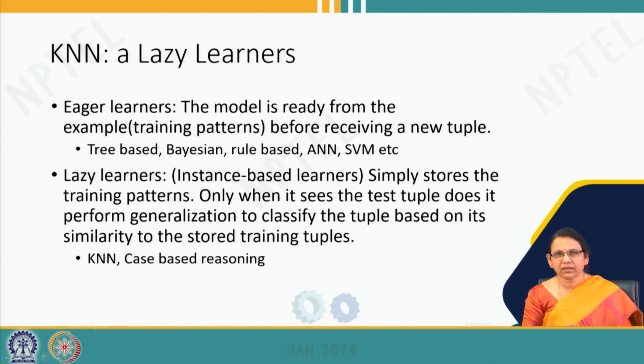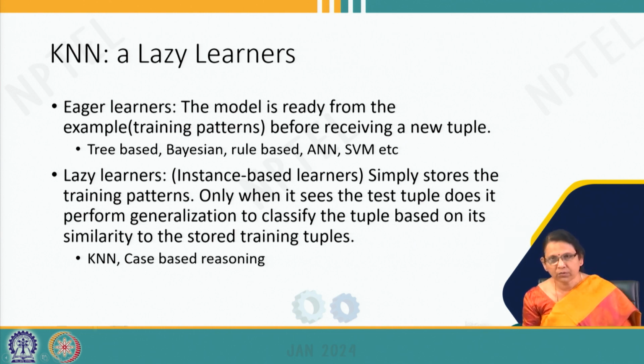But in case of a lazy learner, no such thing happens. Okay? They simply store the training patterns, and only at the time of prediction do you use all of those. This is going to be problematic in our case because we may have a large number of such patterns.